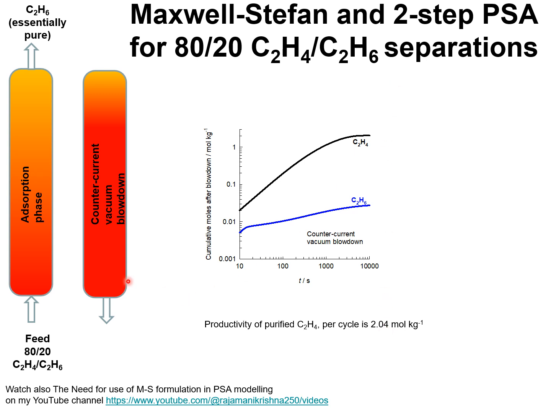So using a simplified 2-step PSA scheme leads to a slightly lower productivity of 2.04 in place of 2.2 moles per kilogram for a 5-step scheme. But even this value is higher than the value obtained by the authors from Zhejiang University.